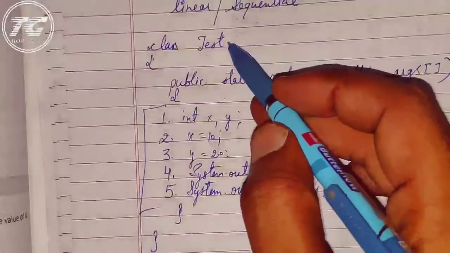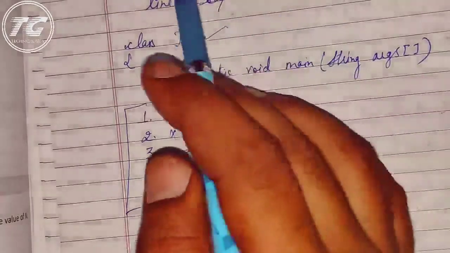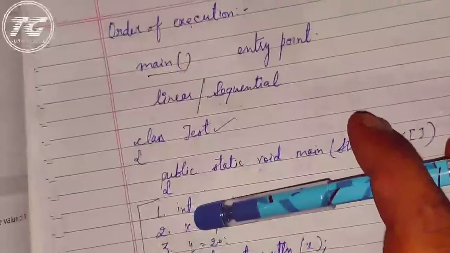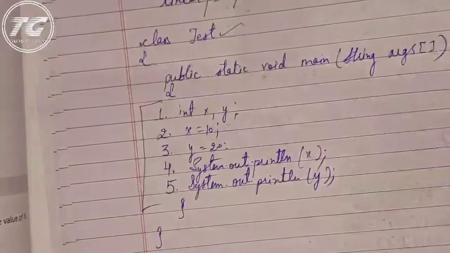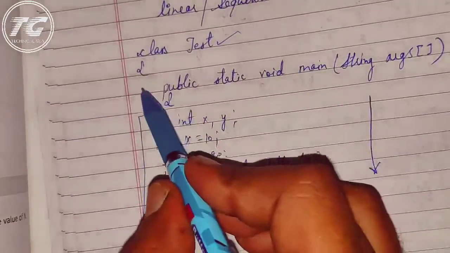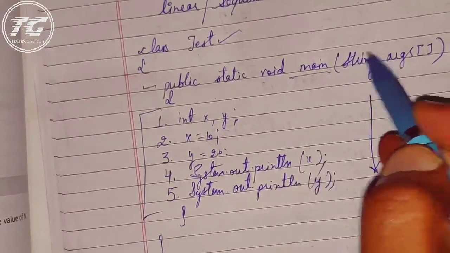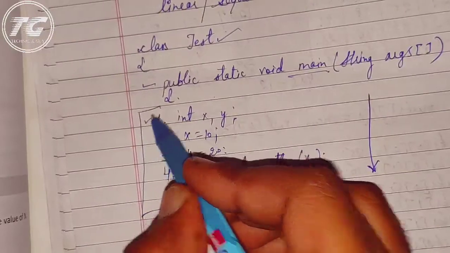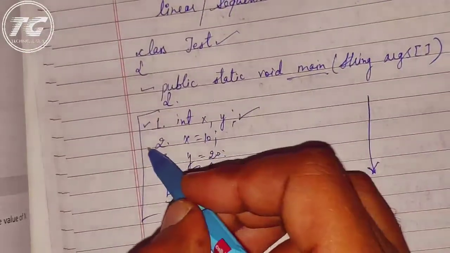When we start running this program Test, what will be the execution order? The execution order by default will be linear, meaning main method is the entry point for the program. Inside the main method, firstly the first statement will be executed, meaning 2 variables will be declared.